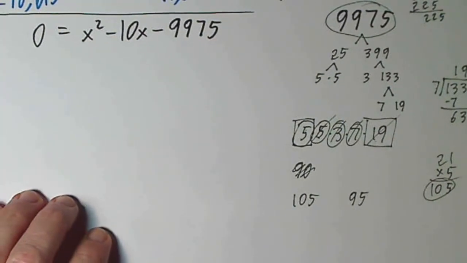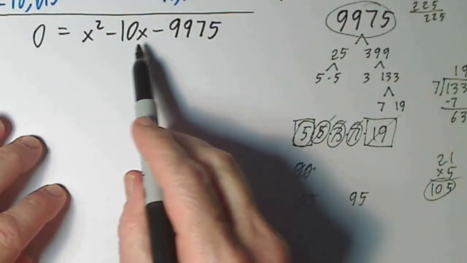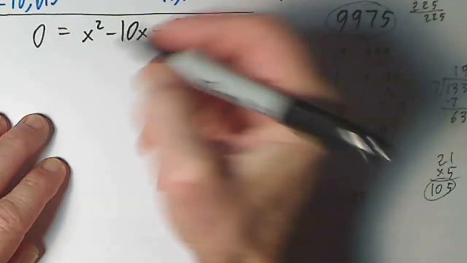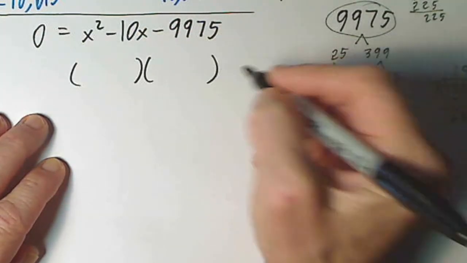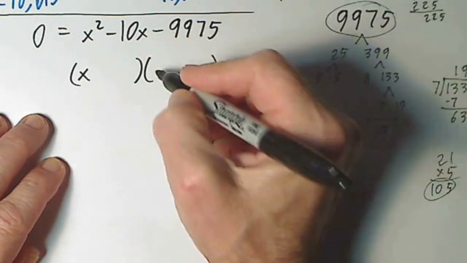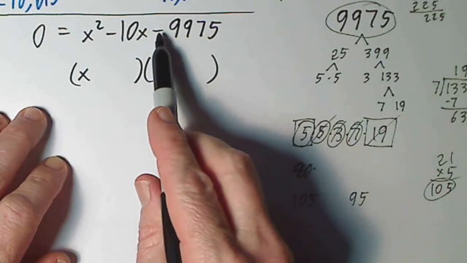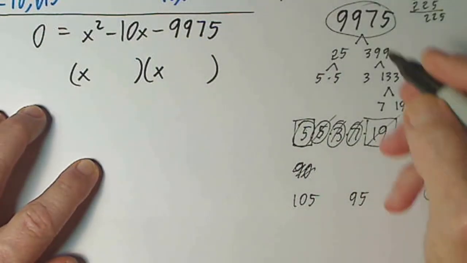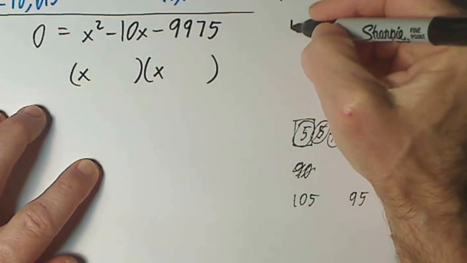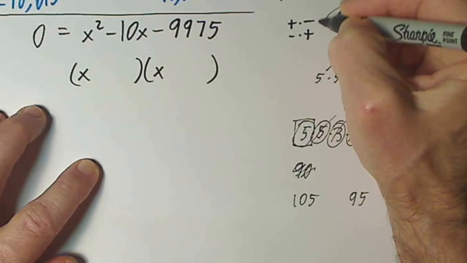So the factorization of x squared minus 10x minus 9,975: the first term wasn't much of a mystery. That was simply an x. For this to be negative, we had to have positive times negative or negative times positive.